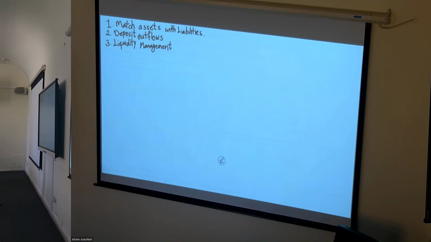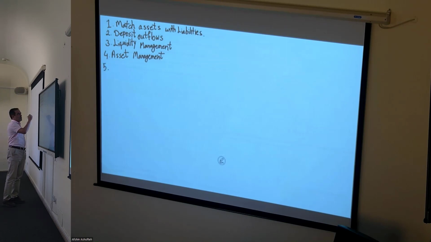So for this, we must have what? Asset management, okay? So asset management is another item to be considered, which means making a balance between risk and diversifying of asset holdings. So we must have liability management also.